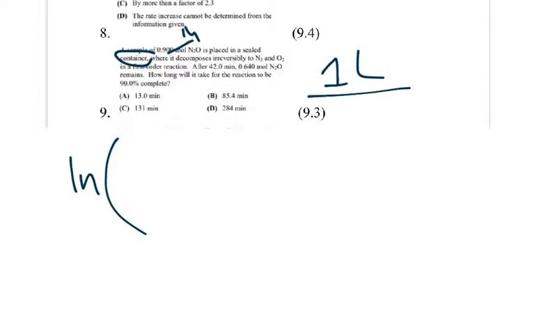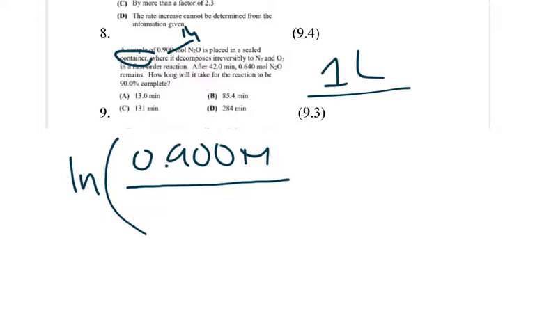So first order means we're going to use the natural log of our initial concentration, and in this case, we can pretend that the sealed container is going to be 1 liter, and by doing that, all these moles turn into molarity because 0.900 moles divided by 1 liter is 0.9 molarity. So we start off with 0.900 molarity, and we have to divide by the conditions after.